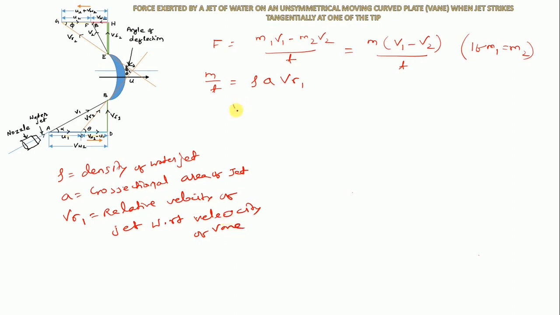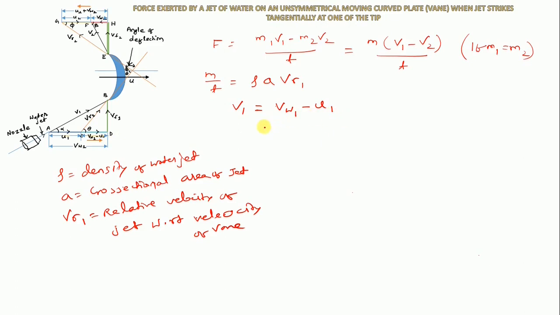In place of v1 we can write this component, VW1 minus u1, as this is the relative velocity of the jet in the direction of motion of the vane with respect to the velocity of the vane at inlet.